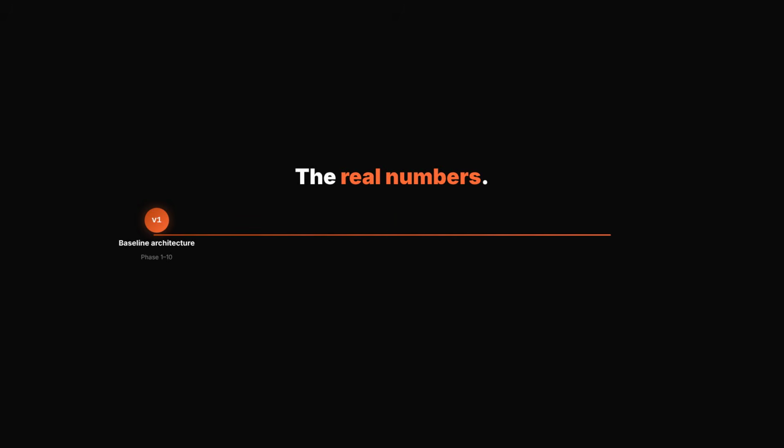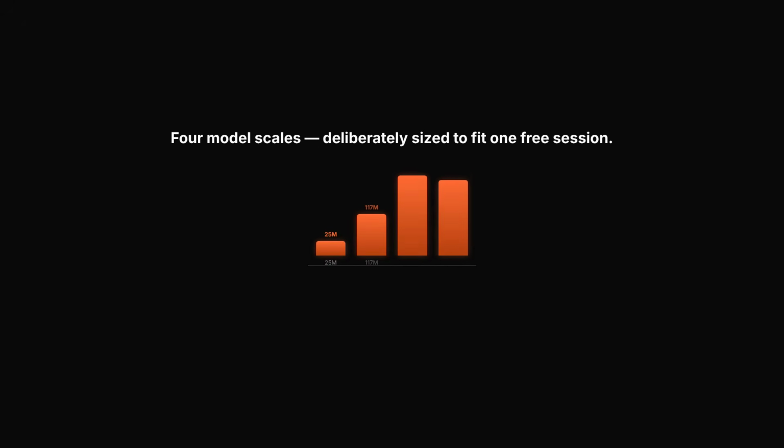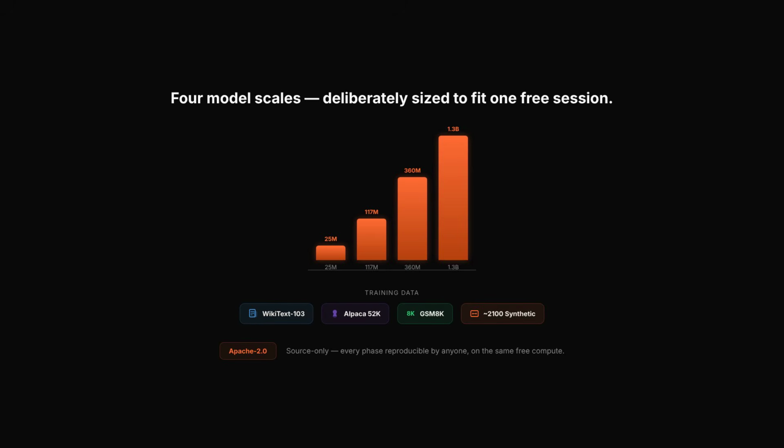Let me put some real detail behind all of this. Every phase of aarambh-studio, across 3 major releases and more than 30 phases of work, was trained entirely on Kaggle's free T4 and P100 notebooks, including the multi-GPU work in version 2, done on Kaggle's free dual T4 configuration, not rented hardware. The project supports 4 model scales: 25 million, 117 million, 360 million, and 1.3 billion parameters, deliberately sized to fit a single free session's time and memory budget.